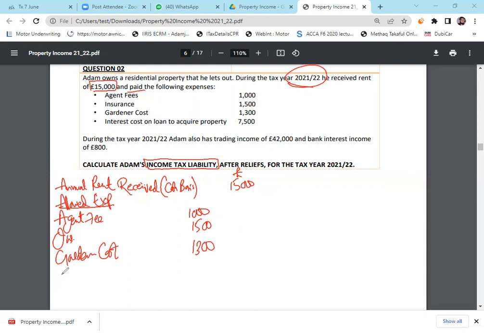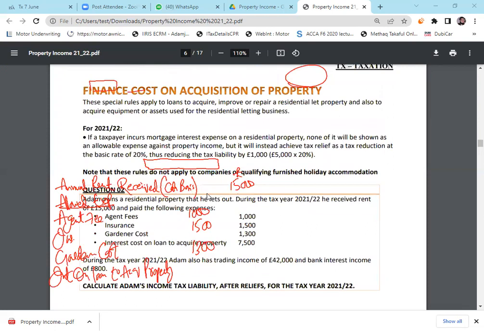Allowed. Then interest on loan which we took to acquire property. What rule did we discuss? Is it allowed or no? What we learned just now, I said finance cost on acquisition of property will never be allowed.